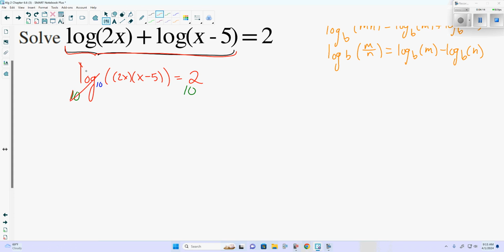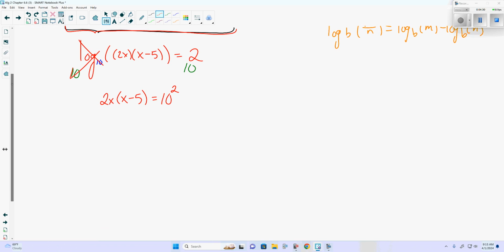Now for us here, 10 to the log base 10 is going to simplify out, leaving us with 2x times our x minus 5 is equal to 10 to the second power. 10 to the second power is 100.